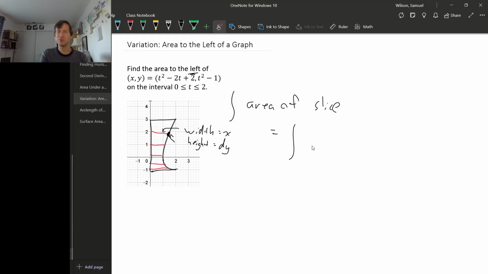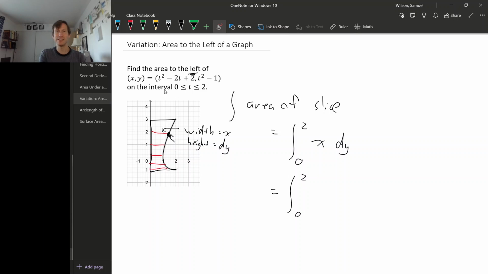So what we'll do is we'll integrate x times dy. And of course, our t values are going to go from 0 to 2. So this is actually very similar to finding the area under a graph, which was integral of y dx, but to the left of a graph, it's x dy.